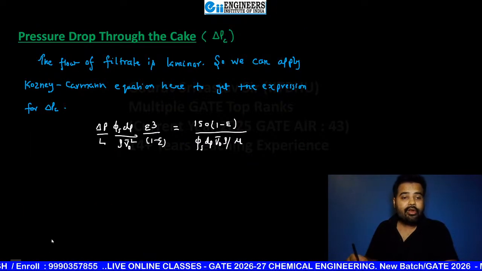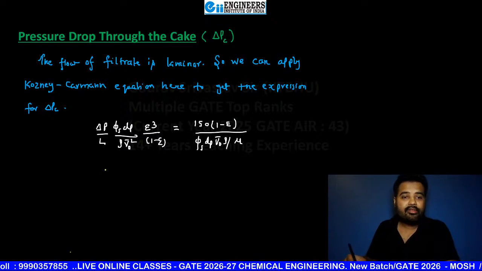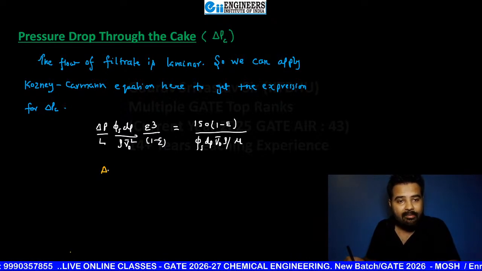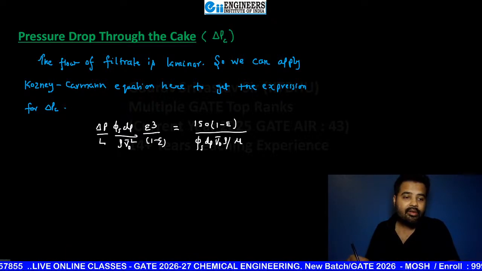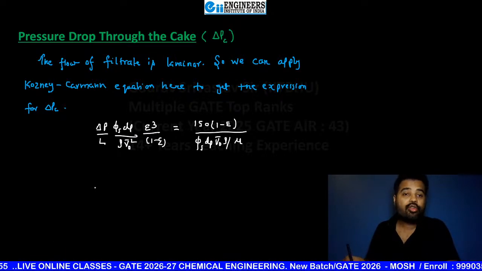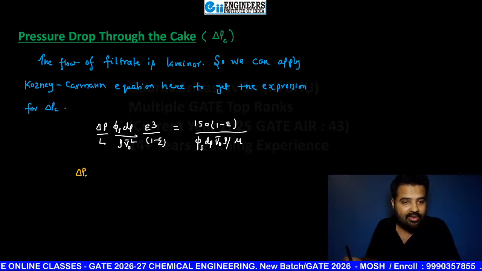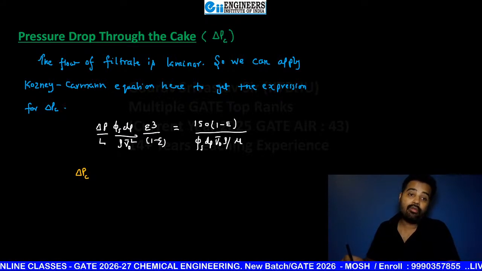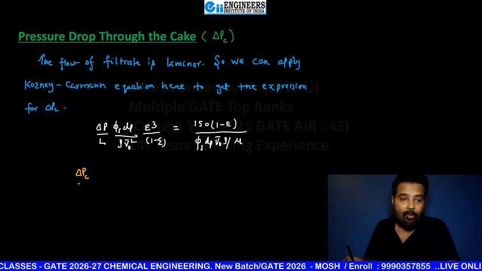So if you are going to write the expression for this delta P, it is very easy. If you are writing it for your cake, I am writing delta PC now, because this is not the overall pressure drop. And upon what is this L?